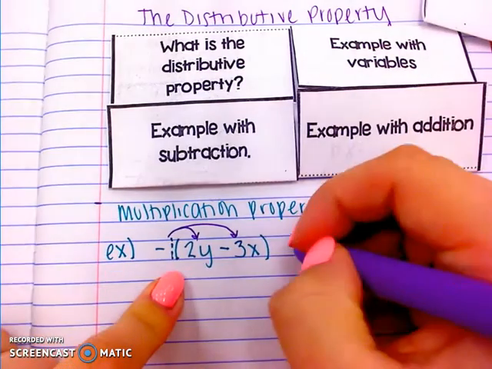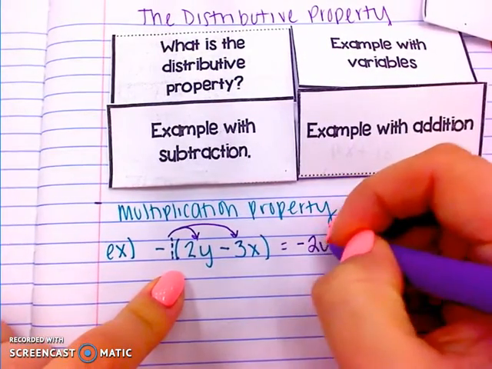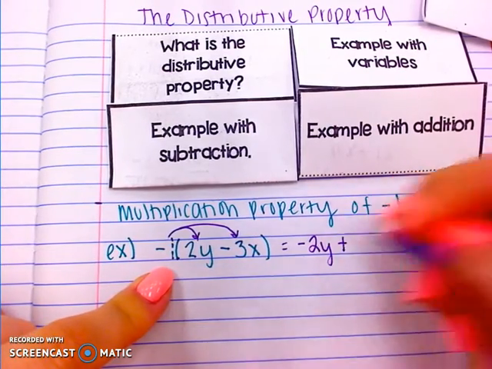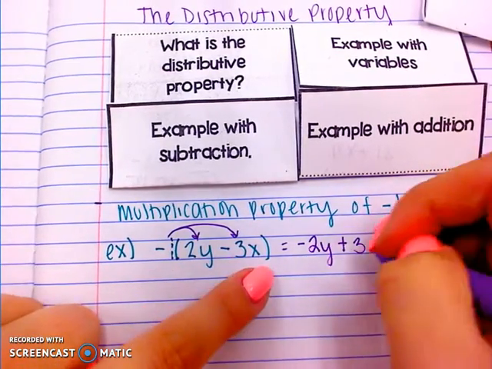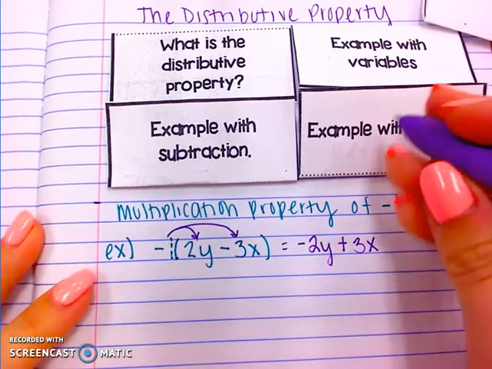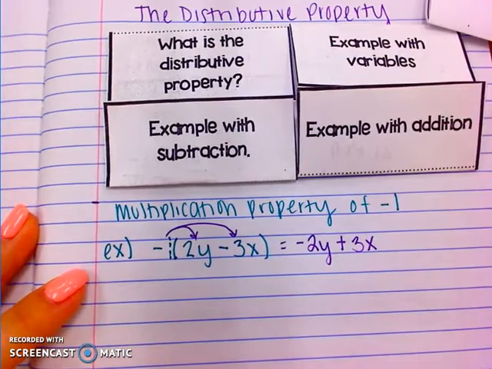-1 times +2 is -2. Keep the y. -1 times -3 is +3. Keep the x. Okay. All right, so let's do a couple of got it's.